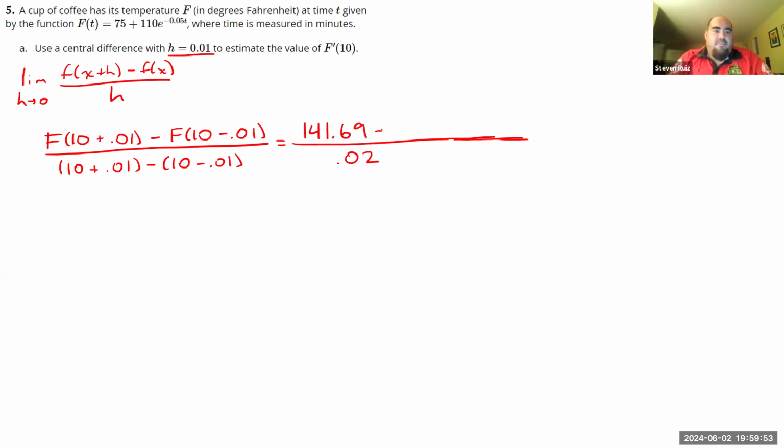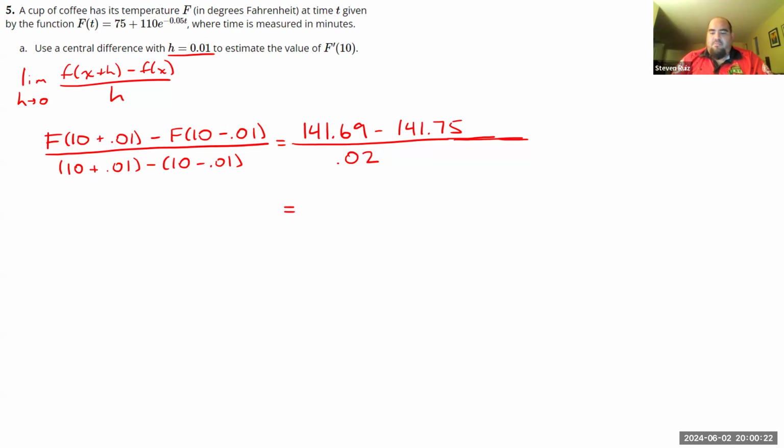And then if I do the same thing with 9.99, so 9.99 times negative 0.05, raise e to that number, times 110 plus 75. What do I get? I get 141.75. So very small difference here.